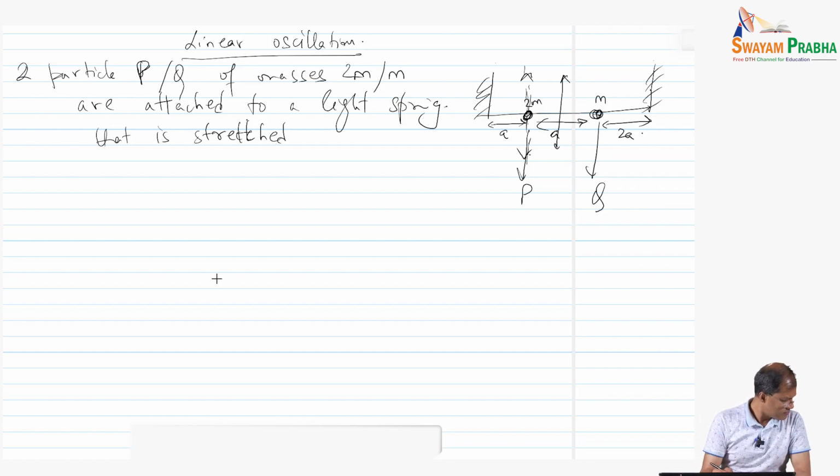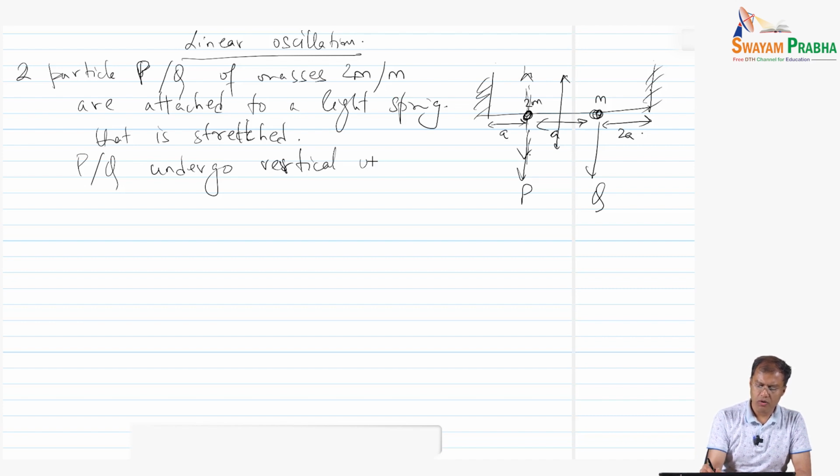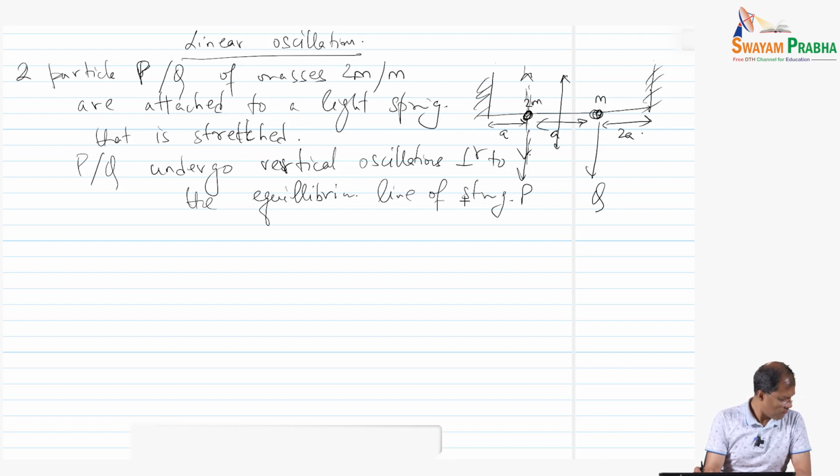And then the particles P and Q undergo vertical oscillations perpendicular to the equilibrium line of the string, okay, and we want to find the normal frequency, the normal mode form.